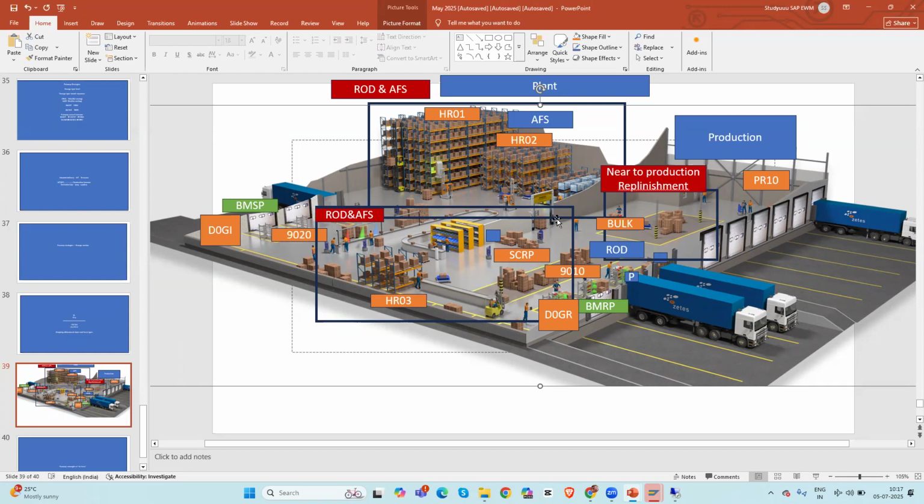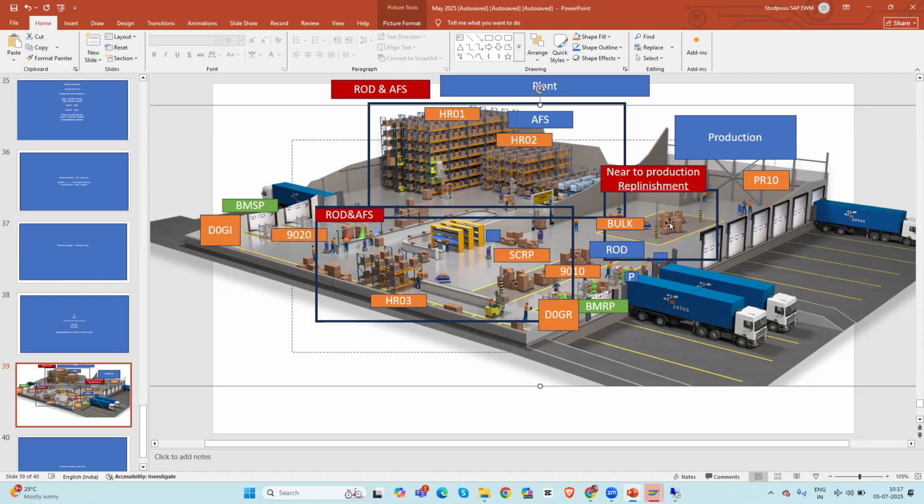The behavior is quite the same, but we store only one box or one pallet in the intermediate location, and from there the stock moves to the destination location.